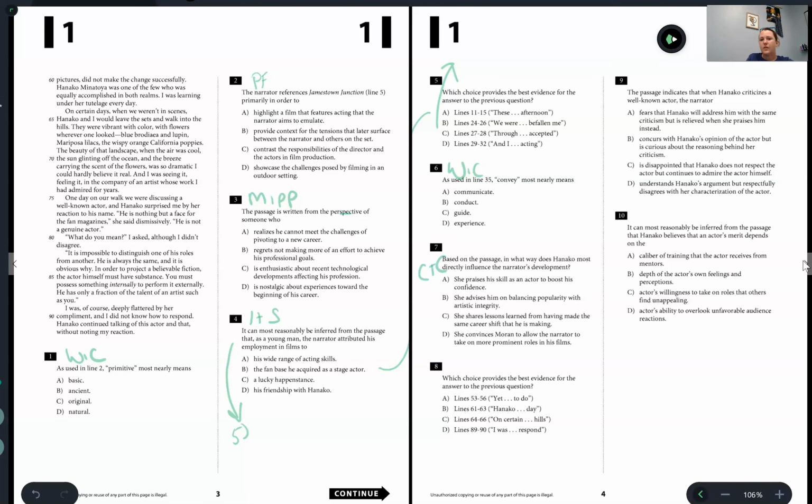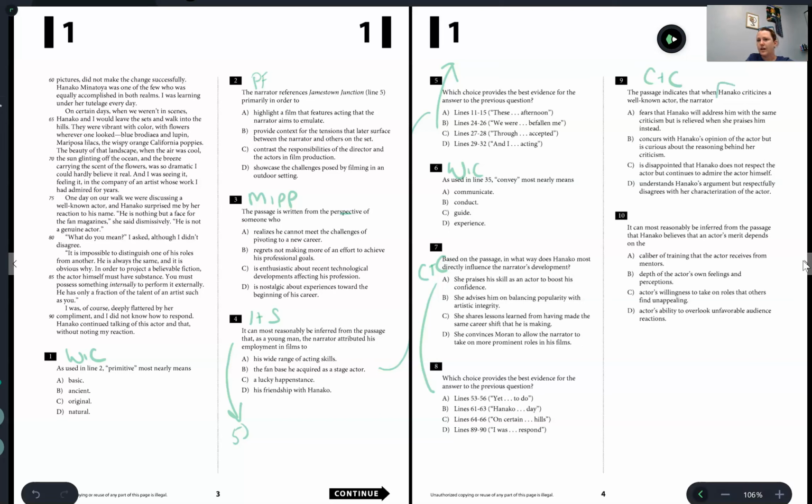So just like we did earlier, let's see if there's a COE follow-up, and there is. So we don't have to know what this question is asking about quite yet. Number 9, the passage indicates, so that's a content question. It does not look like it has a COE follow-up, so we do need to box some information to see what we're looking at. So the passage indicates, when Hanako criticizes a well-known actor, the narrator does something.